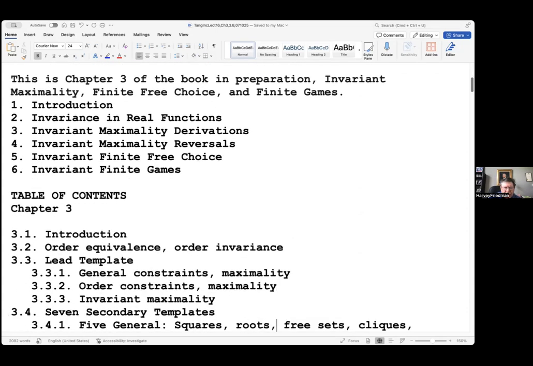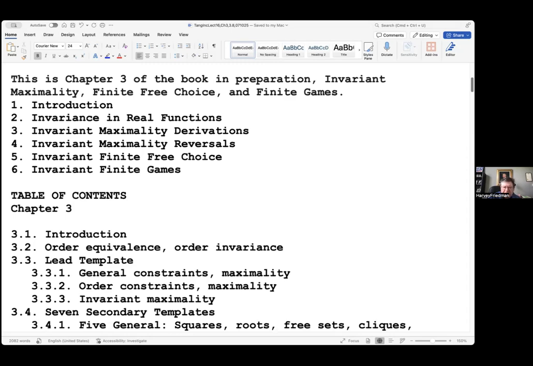So now the current name of the book is Invariant Maximality, Finite Free Choice, and Finite Games. It may change again when we get into chapter 5, after having chapter 4 under our belts, which is the finite free choice stuff.